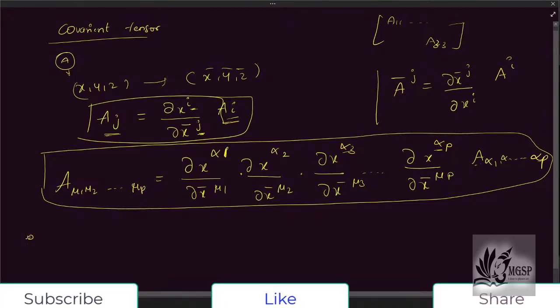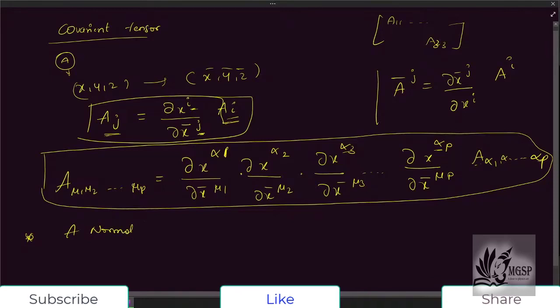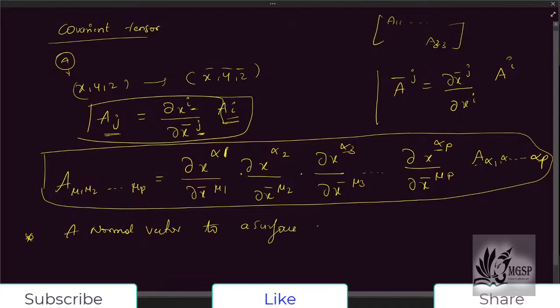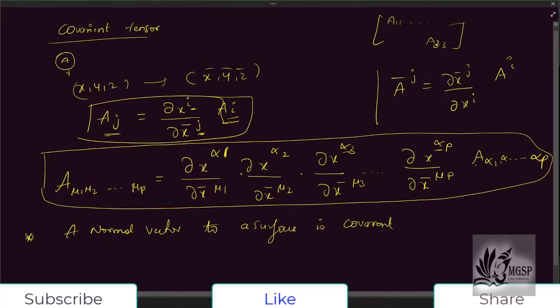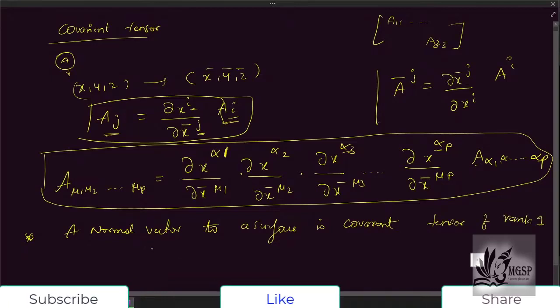A normal example is a normal vector to a surface is a covariant tensor of rank 1.